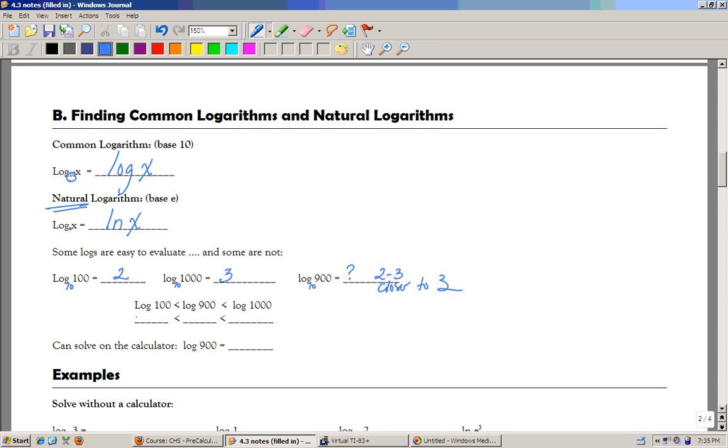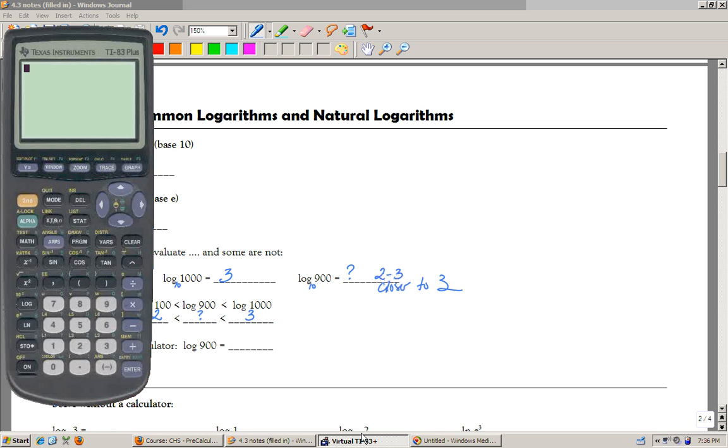So if we're looking at log base 10 of 100, that was 2, and log of 1,000 was 3. So somewhere in the middle there is log of 900. So you're going to use your calculator in this sense. There are 2 buttons that represent log, an LOG button and an LN button. That's log base 10 and log base e.